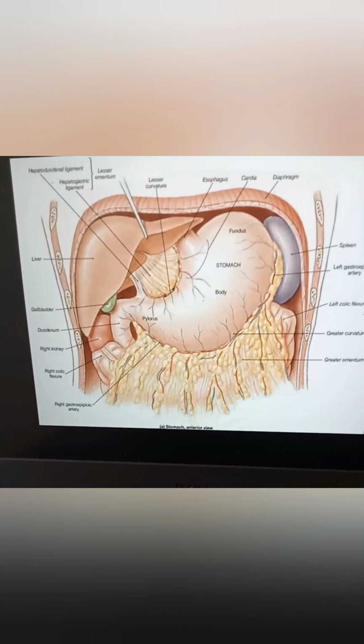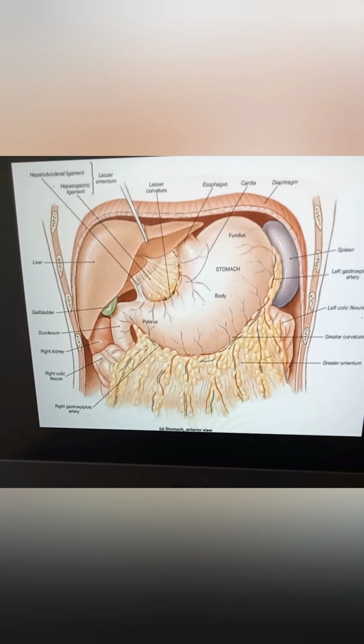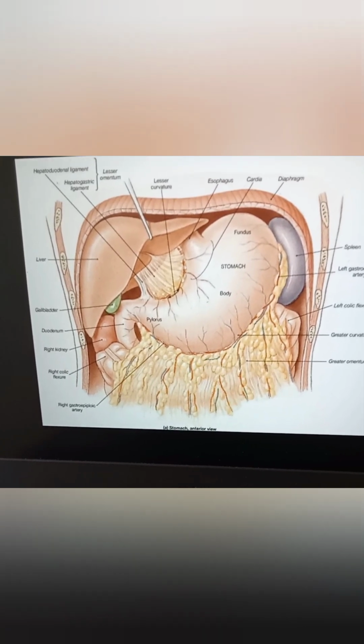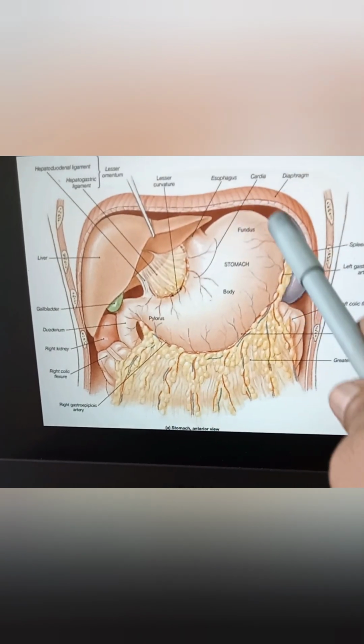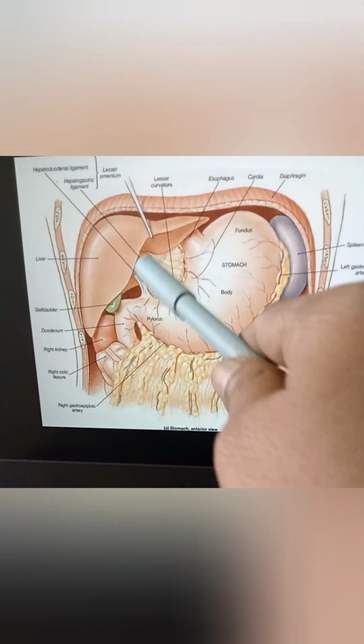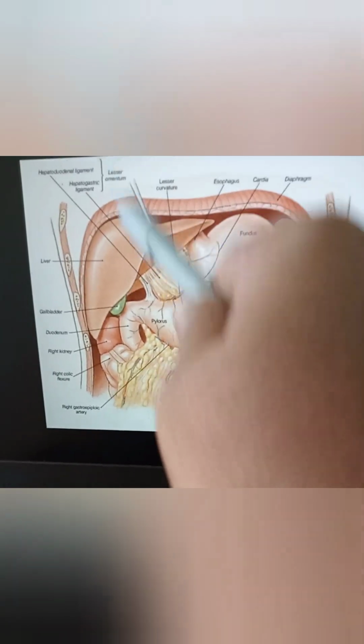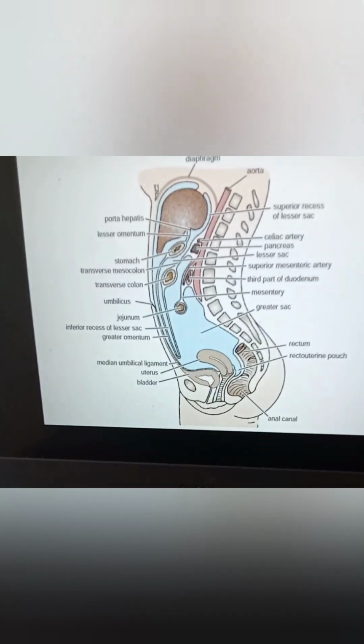The peritoneal cavity covers and connects the abdominal organs. The lateral portion is the greater curvature, and the lesser curvature is towards the medial aspect.